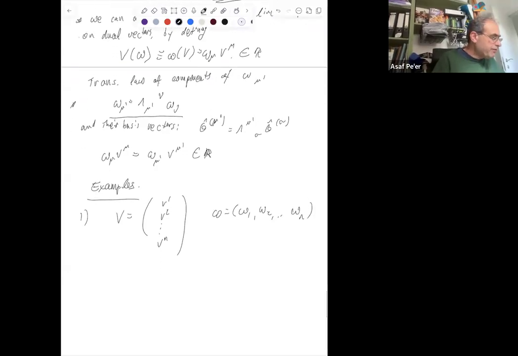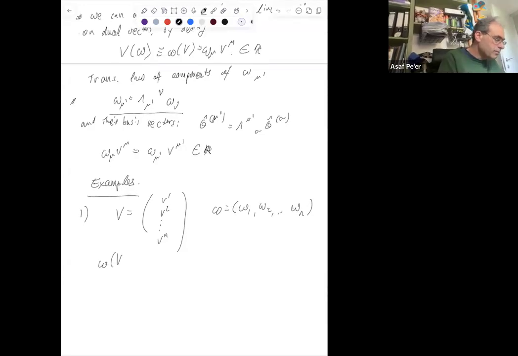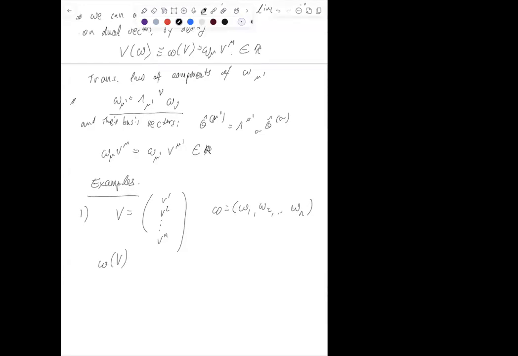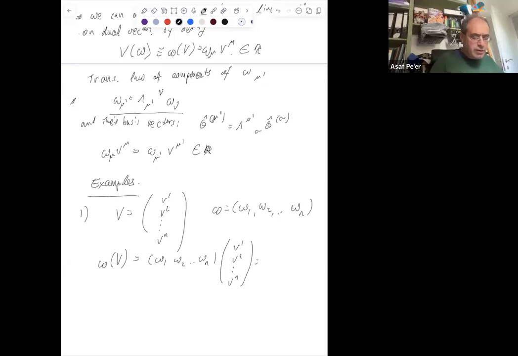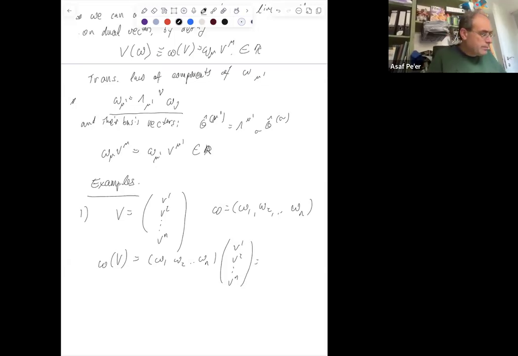What is the action of a dual vector on a vector? A number. What is that number equal to?